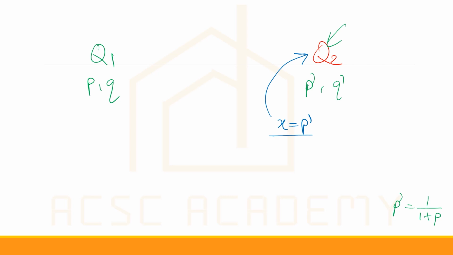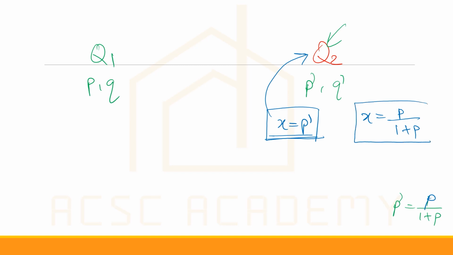Using this fact, we came up with this equation, which in our case was x equal to p upon 1 plus p. So if I substitute x by this thing, it will satisfy q2.